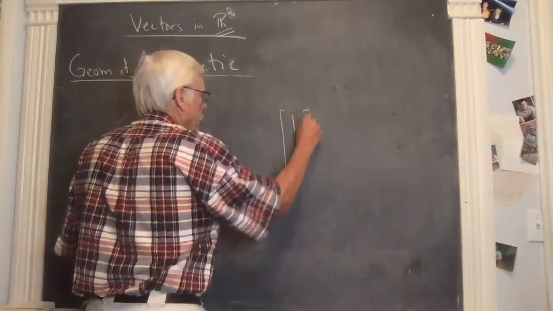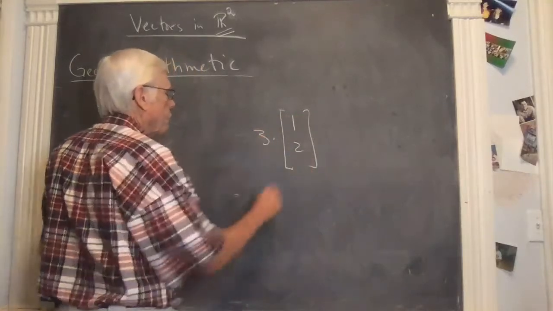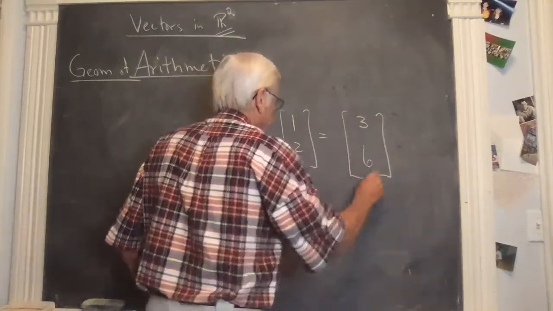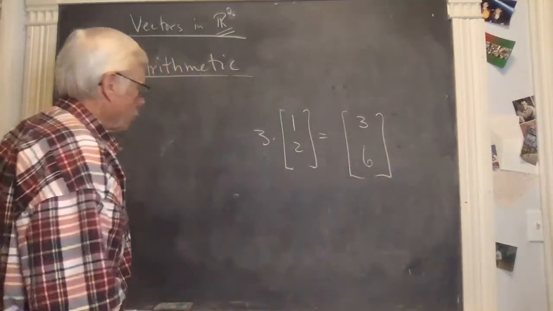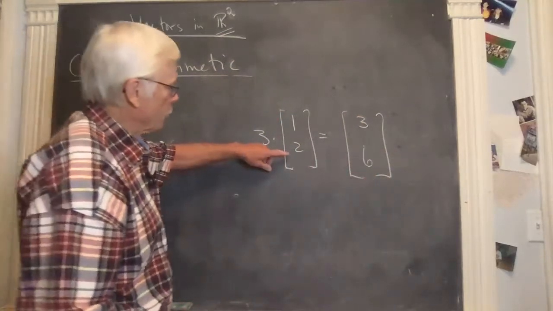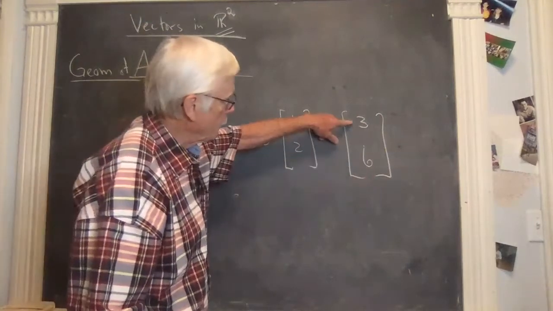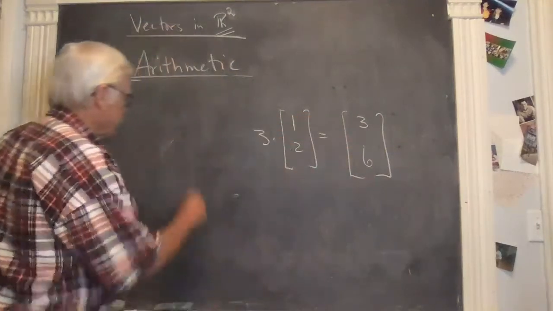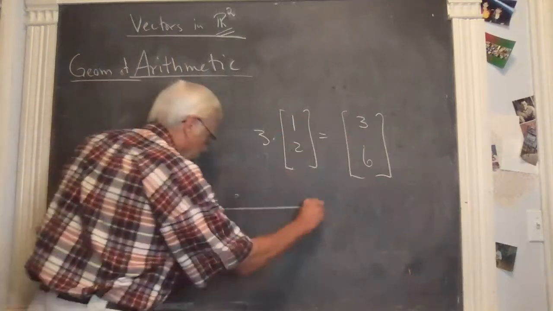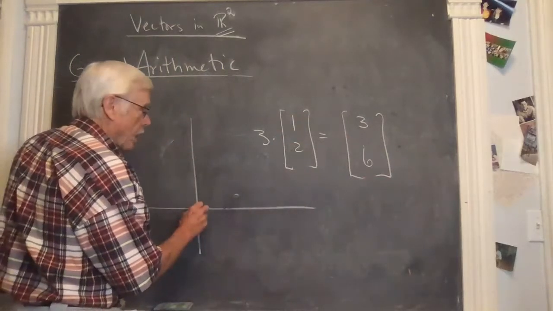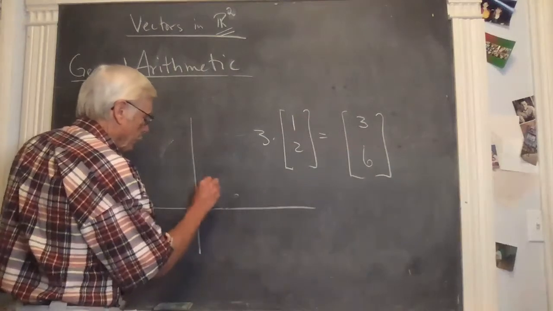So let's take 1, 2 and scale by 3, in which case we should get 3, 6. Now notice that the rise over run is 2 for each of these vectors. So they determine the same slope, namely 2. So rise is 2, run is 1, over 1, up 2.